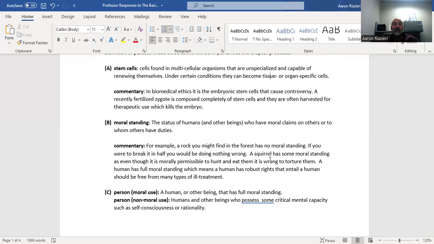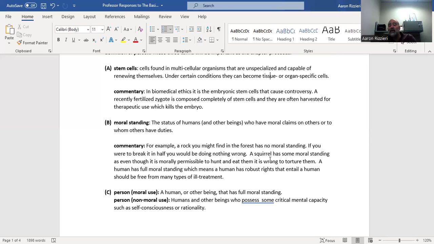A recently fertilized zygote, a sperm and an egg getting together, is composed completely of stem cells, and they are often harvested for therapeutic use, and this kills the embryo. So embryonic stem cell research is where the controversy lies. It raises some of the same pro-life, pro-choice issues that abortion raises.